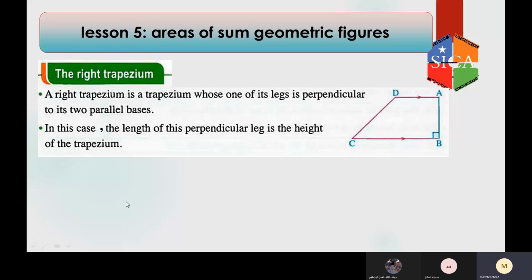Here it is perpendicular on AD and perpendicular on BC. A right trapezium is a trapezium whose one of its legs is perpendicular to the two parallel bases.